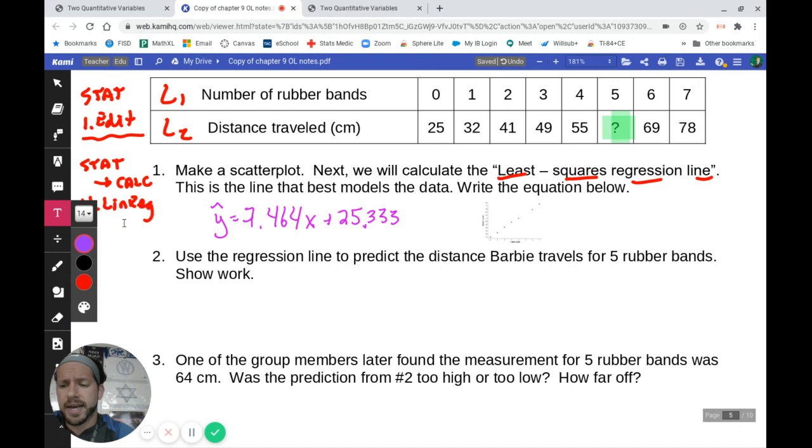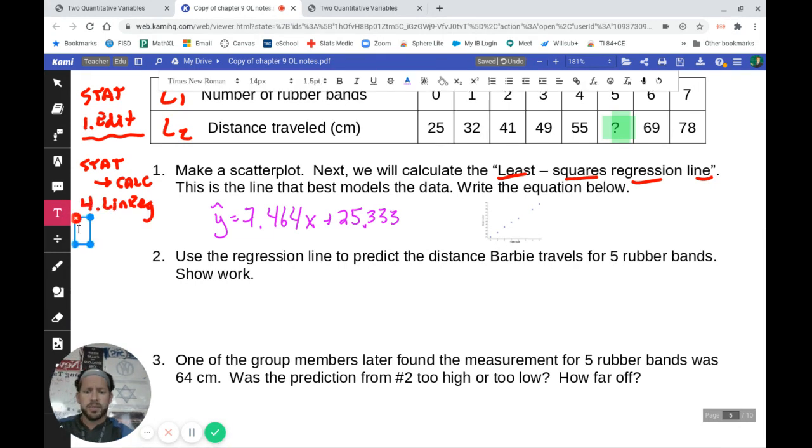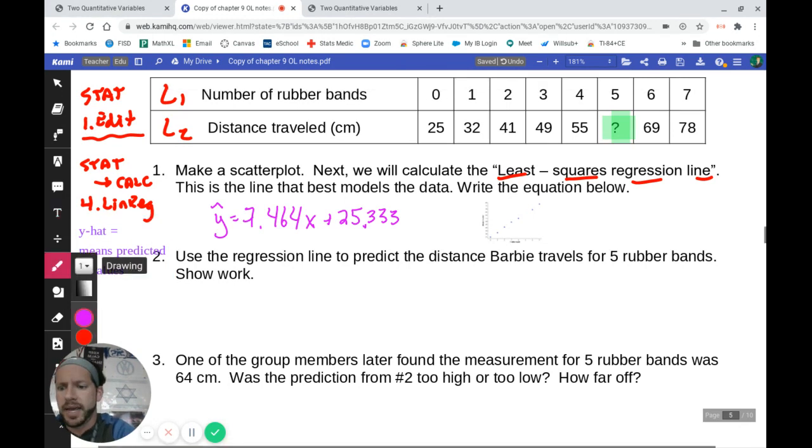So that y hat there, we call it y hat because it's not necessarily what values we actually have, but it means our predicted values, our predicted y values. I'm going to draw in there a little y hat as well.